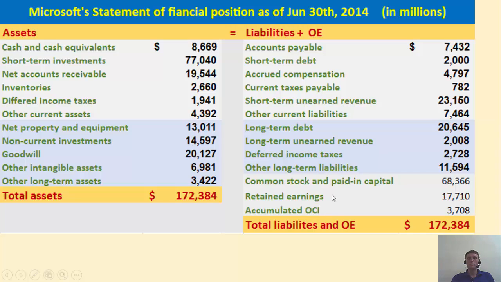Microsoft is a highly profitable company. Most of its revenues and expenses are accumulated in retained earnings. Some special gains and losses are accumulated as other comprehensive income, right? And the sum of these numbers gives the book value of the claims of the owners of Microsoft on its assets.